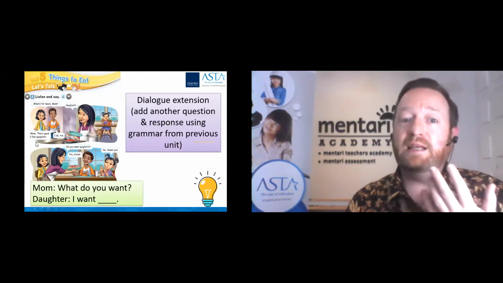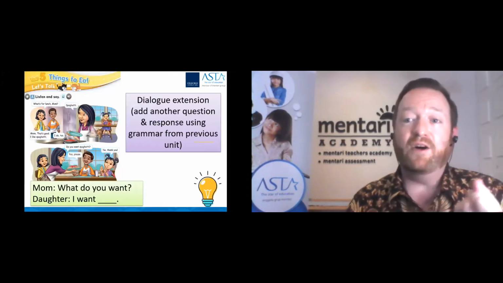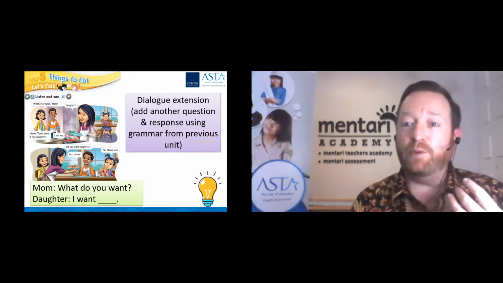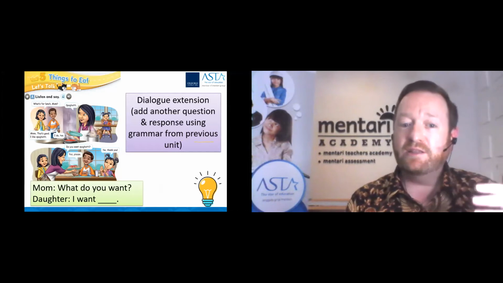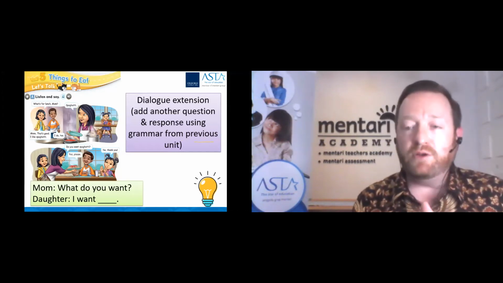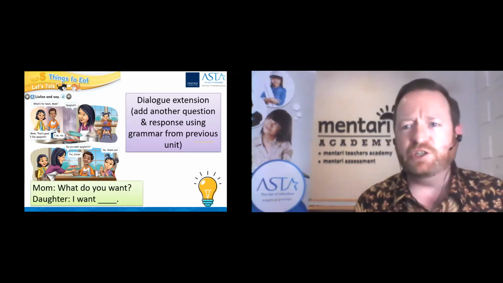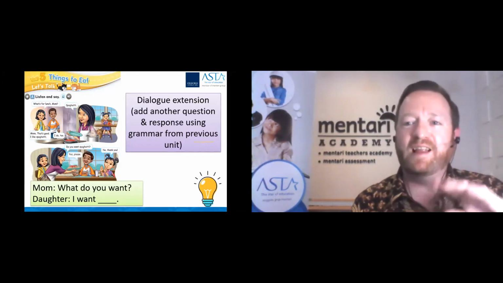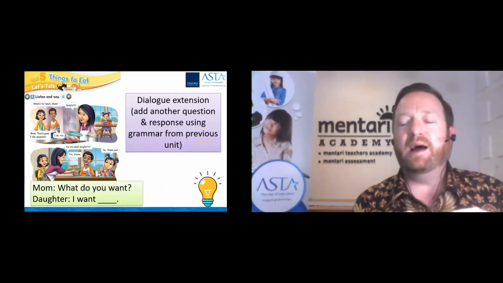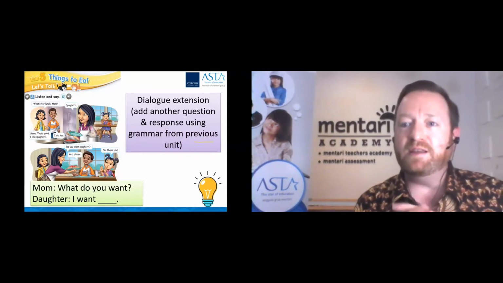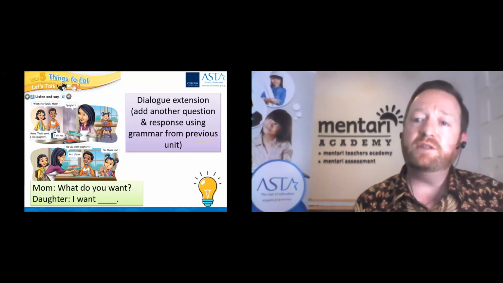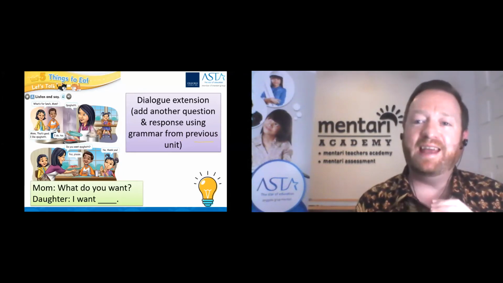Okay, next. A dialogue extension. Again, this is a simple dialogue, and we always want to think of ways to review language from a previous unit. So, what do you want? And I want comes from later in this unit, but you know what you've already taught them last week, the week before, earlier in the book, or even last year's book. You can look at the table of contents all on the OUP-ELT website.